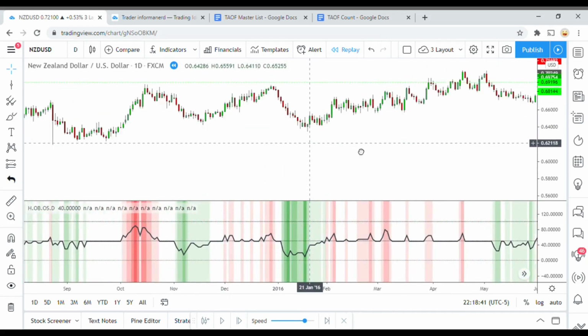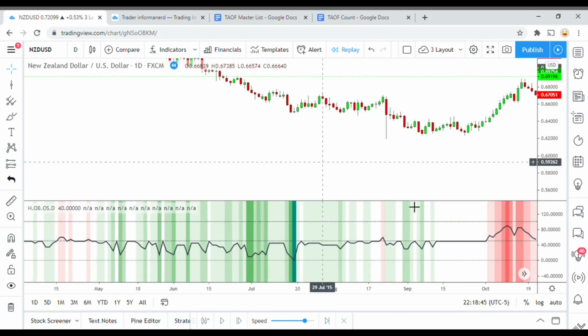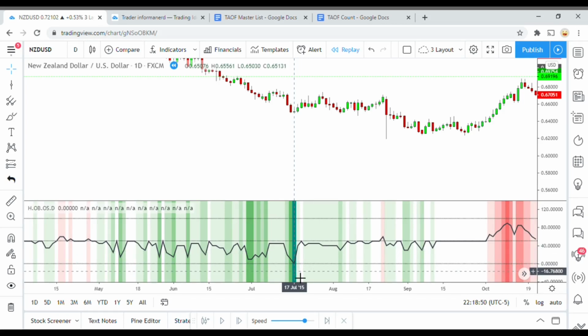And then if I scroll back far enough, you can see that every now and then it hits a massive extreme, and this is when it actually comes down and touches the very lower line. In this particular case, this is oversold. You can see that it is a really, really heavy green color right there.